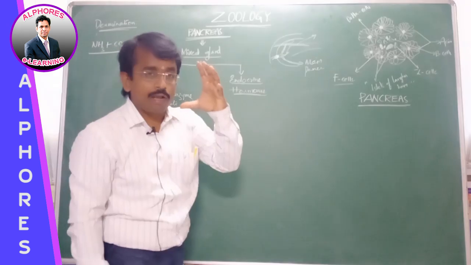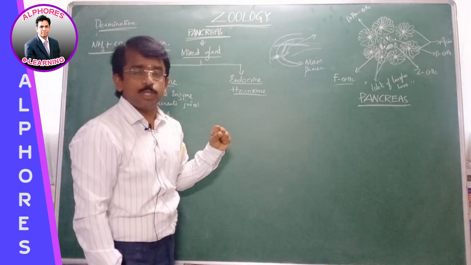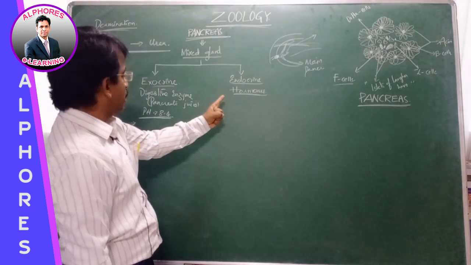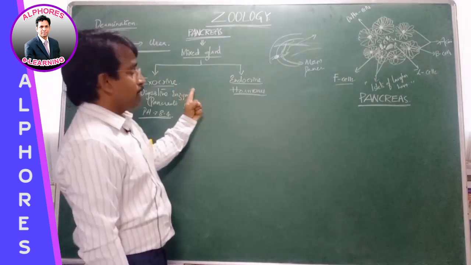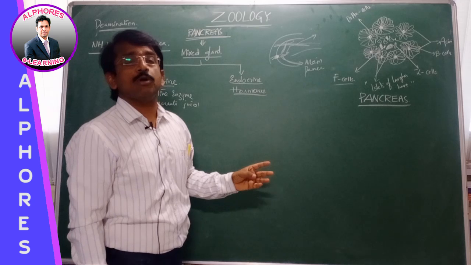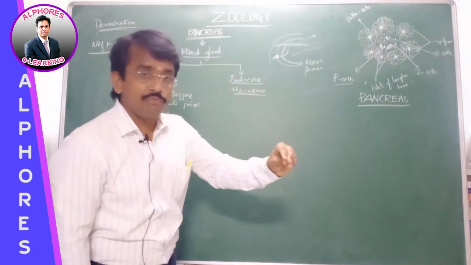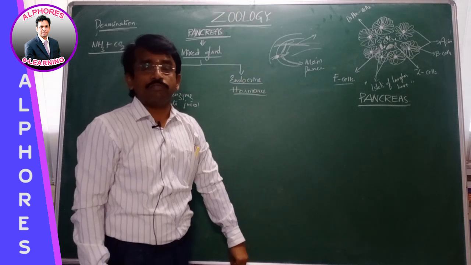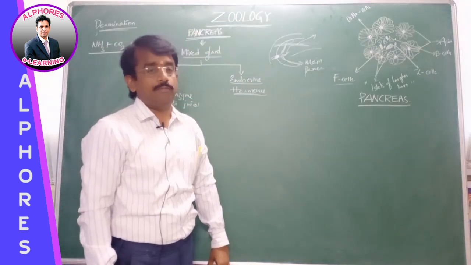That's what we have seen with pepsinogen in the stomach, and prorenin also in the stomach. Here trypsinogen, chymotrypsinogen, and procarboxypeptidase are released in an inactive form to avoid autodigestion of the cells of the body.